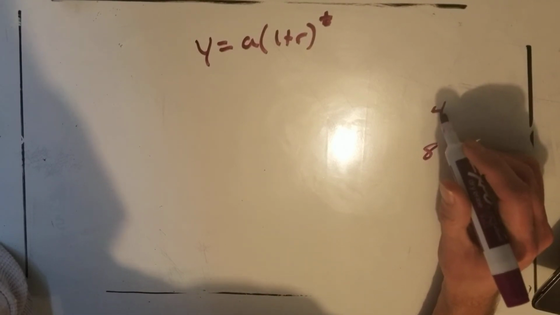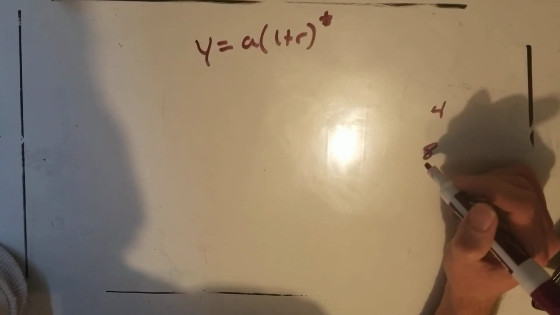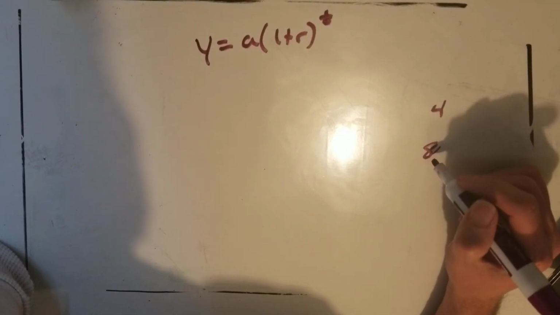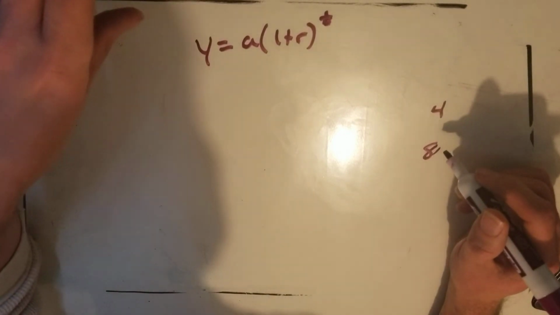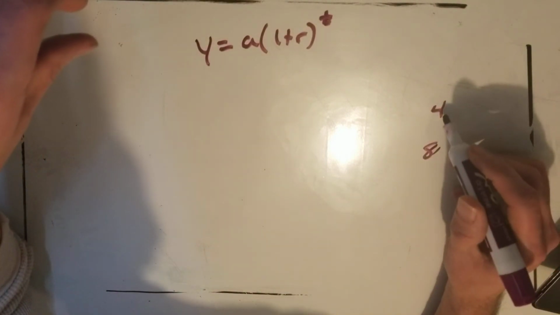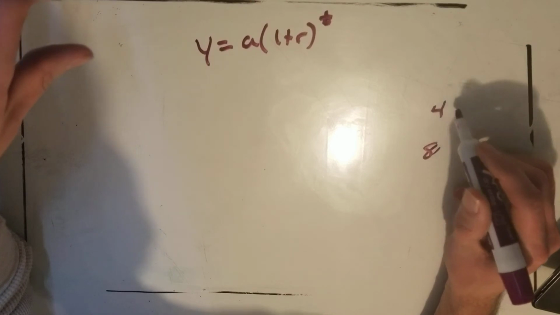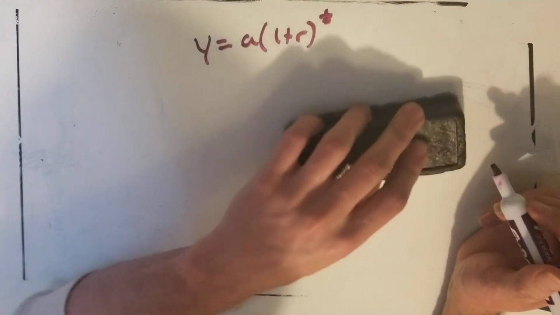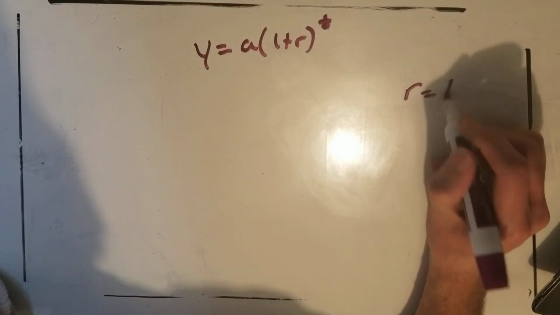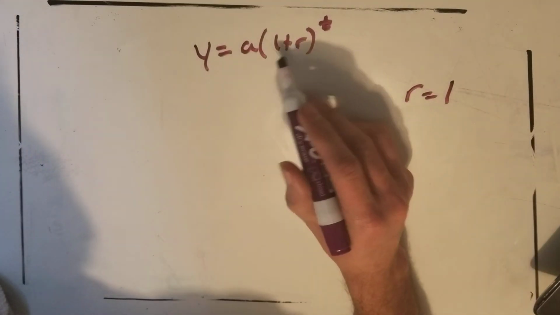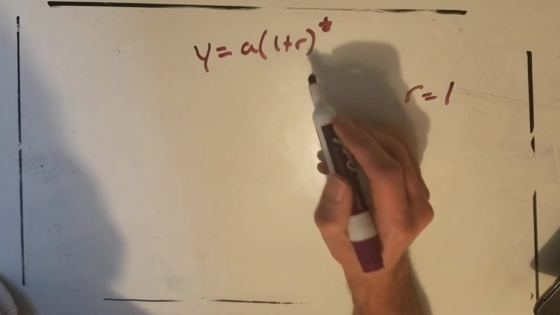Well, you added 4 to get there. You doubled it, but you also can think of it like you added 4, so you added 100% of what you already had. If that makes sense. You have your 100% and 100% more, resulting in having a total of 200%. So r here should equal 1. You're increasing your original 100% by 100% more.